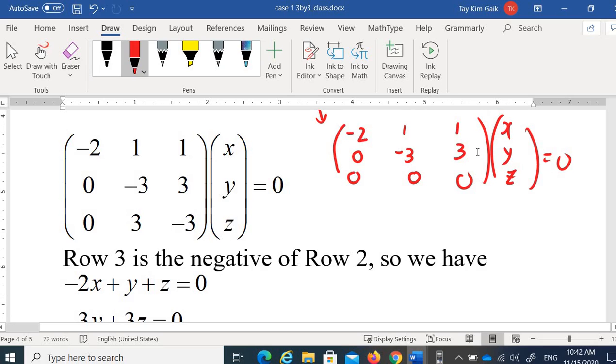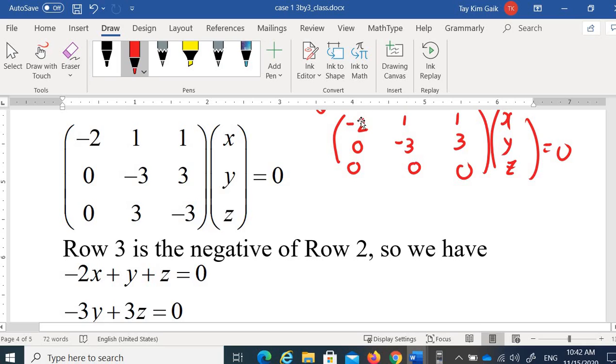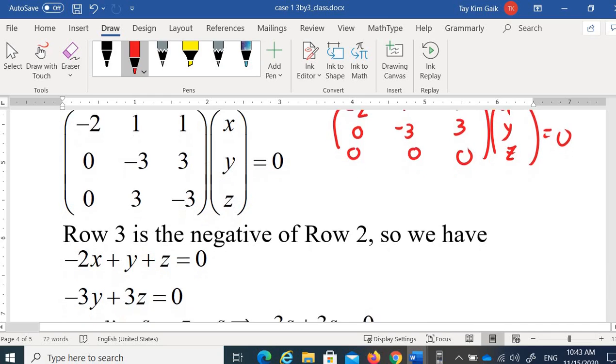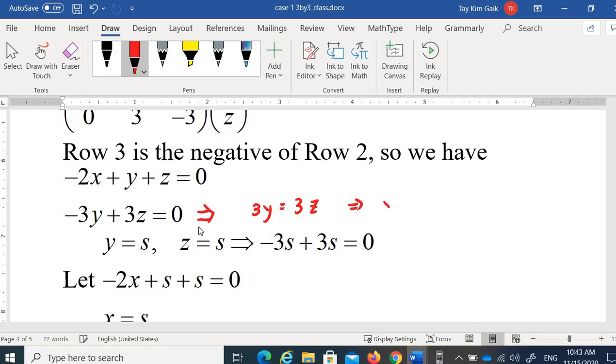From the second equation here, negative 3y plus 3z equal to 0. So 3y equal to 3z, meaning y equal to z. So if y is s, then z will be s.